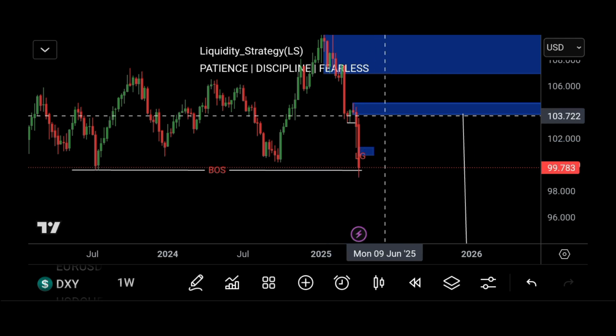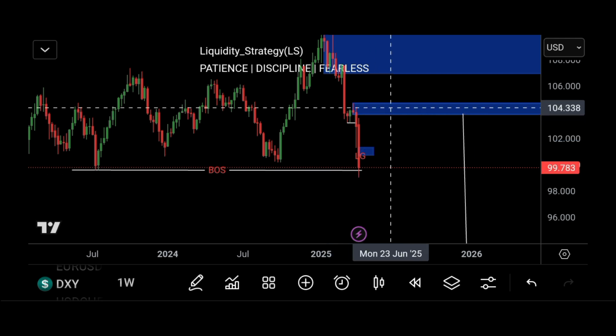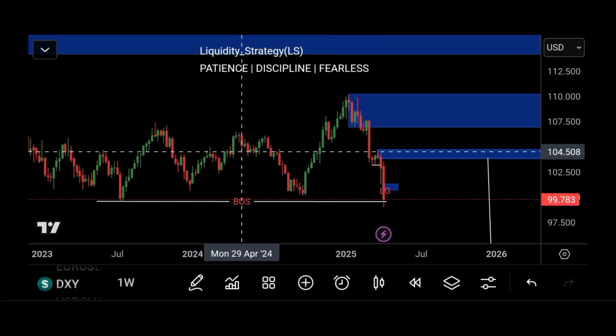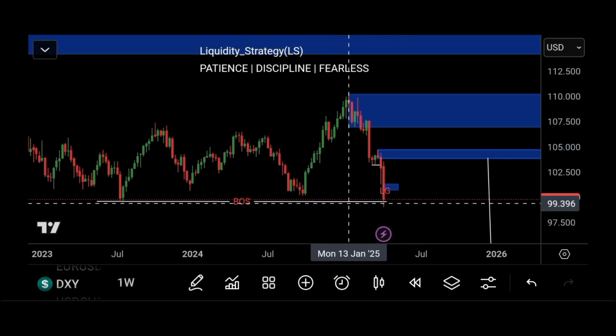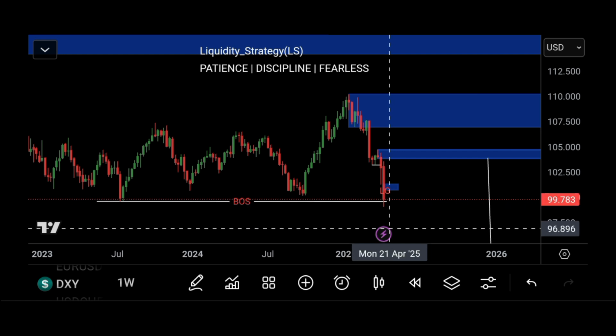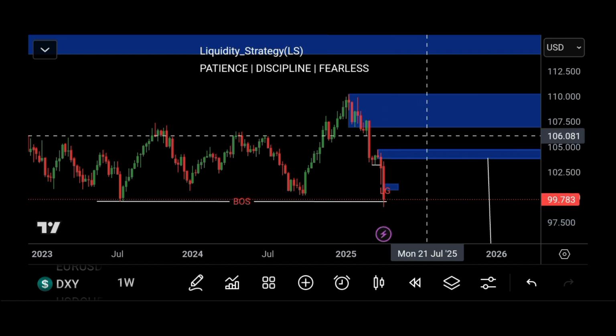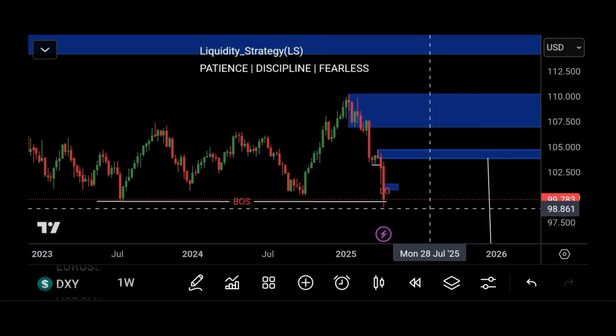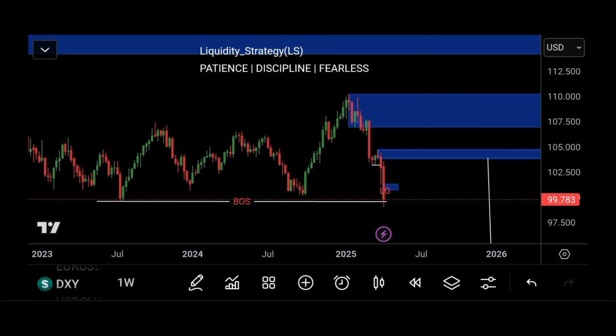But as long as market is yet to give us a retracement, this market might still push down a little bit before we can see a sign of weakness or a change of character, because every impulsive move must have a retracement. This is the rule of the structure. Even if it is just a small retracement, there must be a retracement.